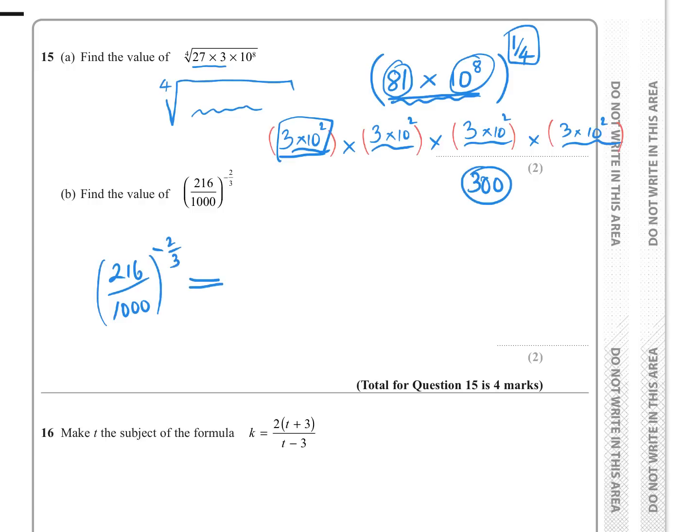Well, the first thing I would do is look at the negative sign here, which enables us to work out the reciprocal. So that would be the same as writing 1000/216ths to the power positive 2/3.